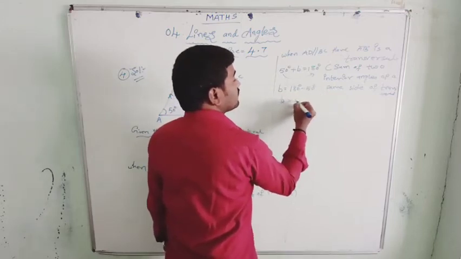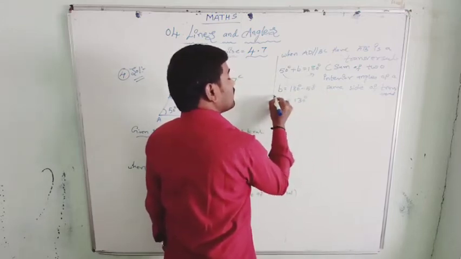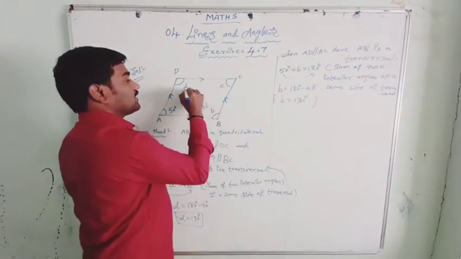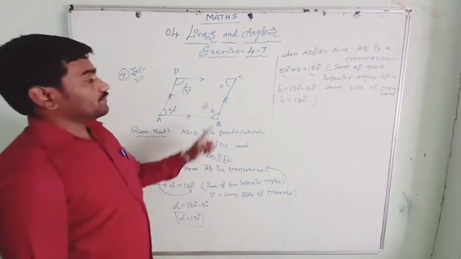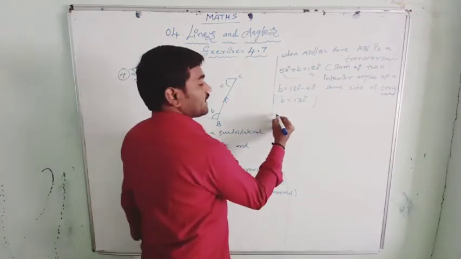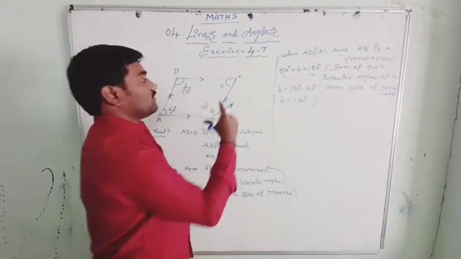Then B equals 130 degrees. So angle B is 130 degrees and angle D is also 130 degrees. We will go for one more now.